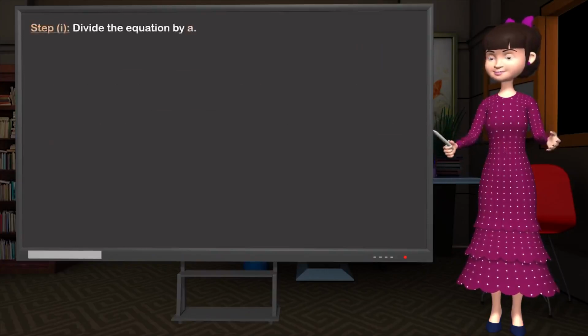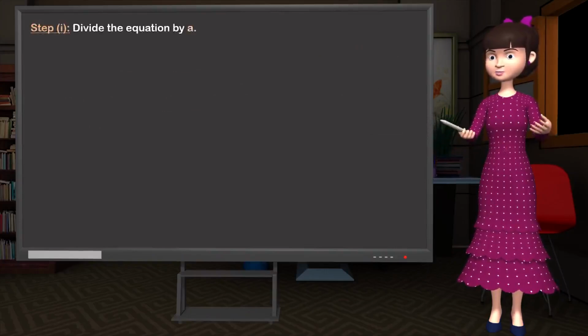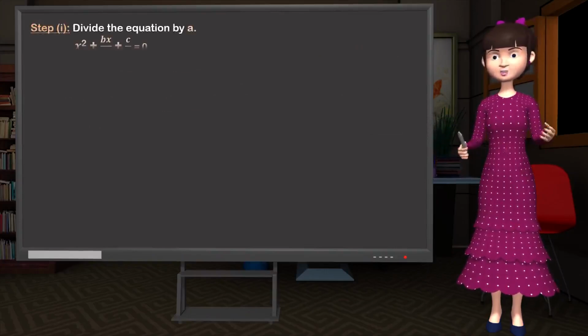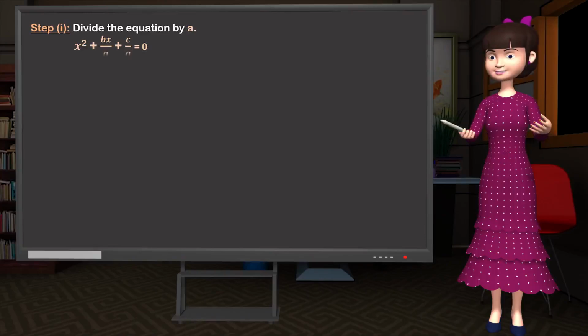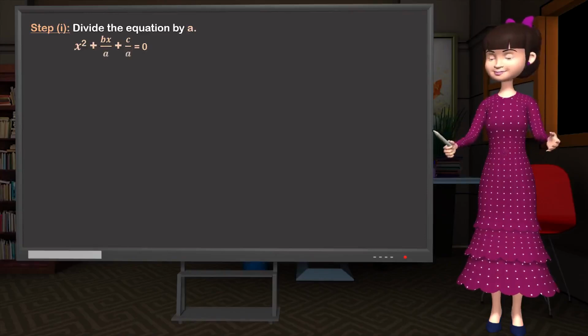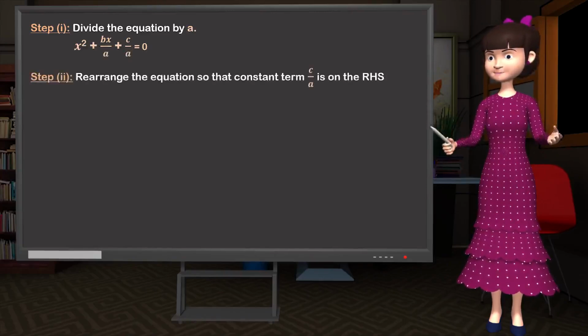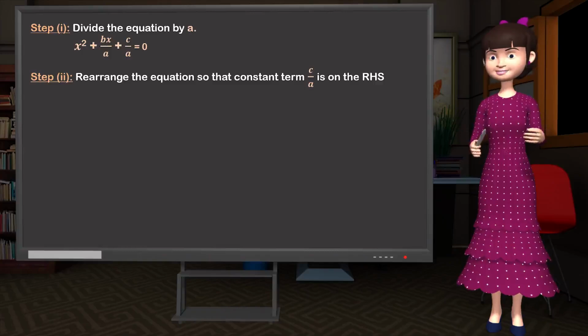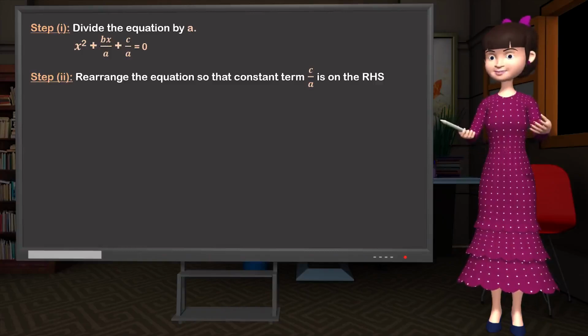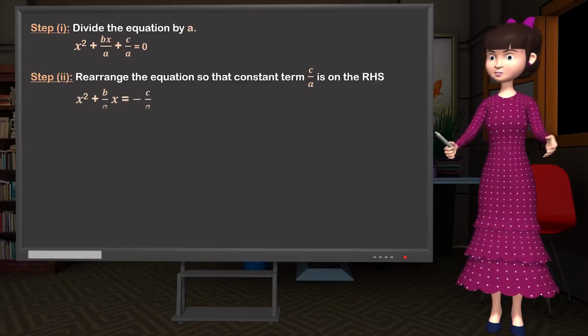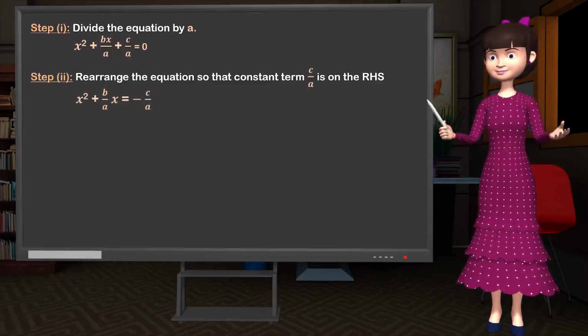Step 1. Divide the equation by a, that is x squared plus bx by a plus c by a is equal to 0. Step 2. Rearrange the equation so that constant term c by a is on the right hand side. x squared plus b by a x is equal to minus c by a.